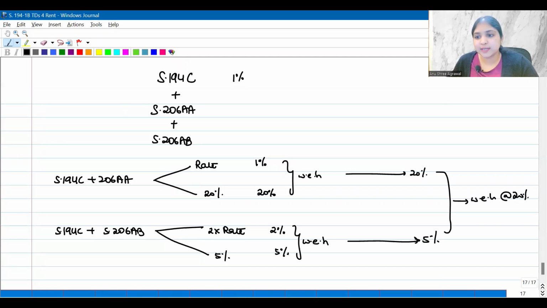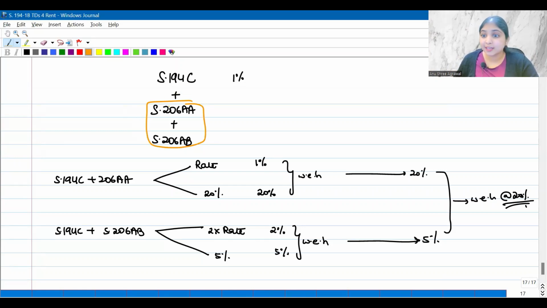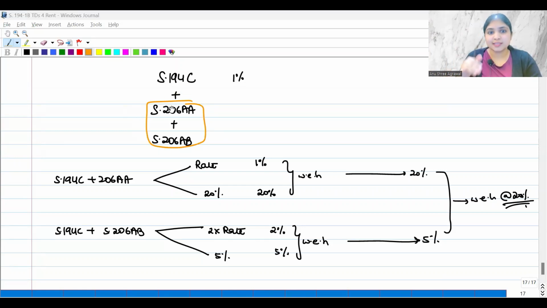So at the rate of 20%, tax is going to be deducted. Understanding, if 206AA and 206AB both are applicable, you apply both the sections and you pick the highest out of those two sections. Understanding, everybody?